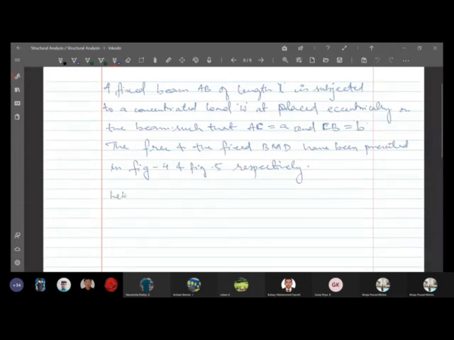let MA and MB be the fixed bending moments at A and B respectively.